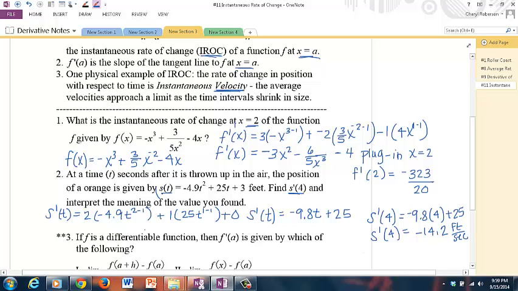Now interpret the meaning of this. So what does this mean, what we've found here?